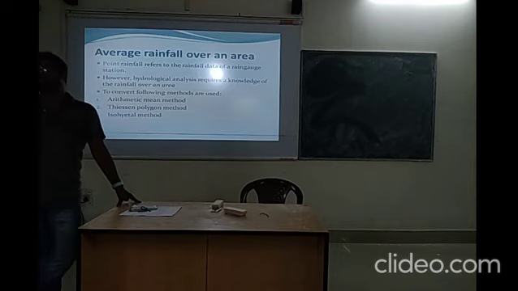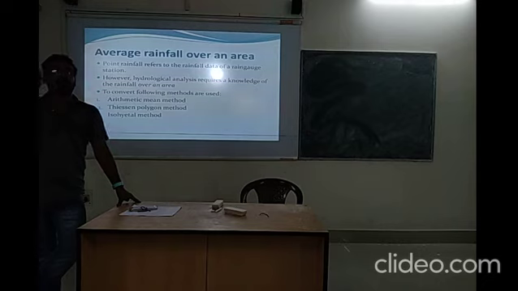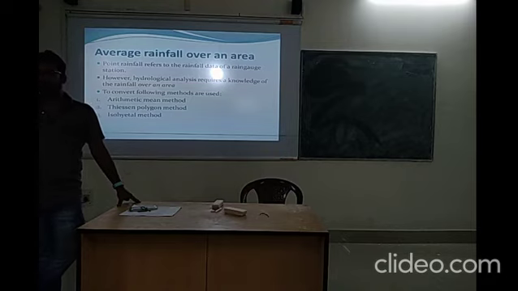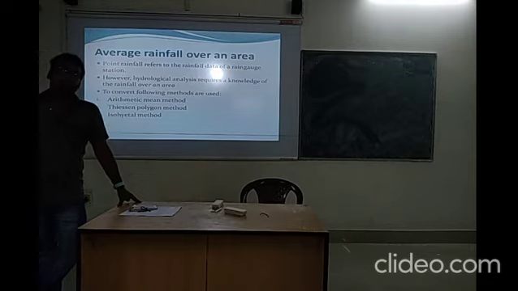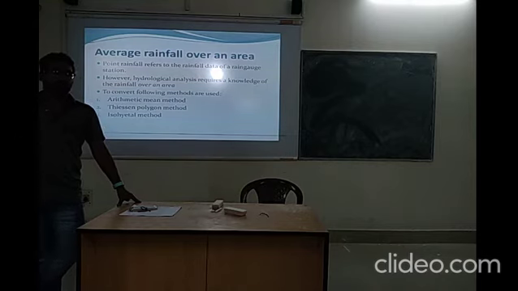So we have to install several rain gauge stations in various places in a particular area. That is called networking, right? We have already seen rain gauge networking. In a particular area, suppose you have 10 or more stations, whatever the number may be, you will have different sets of data.